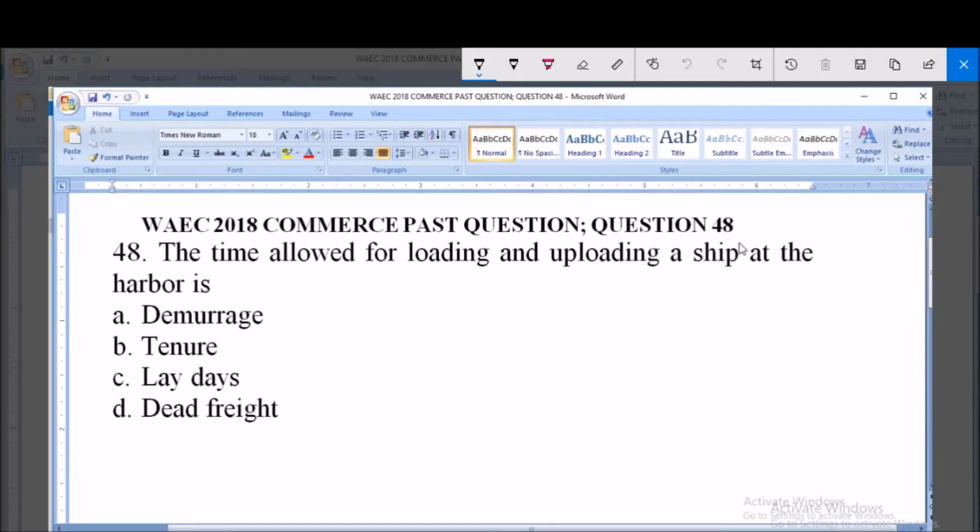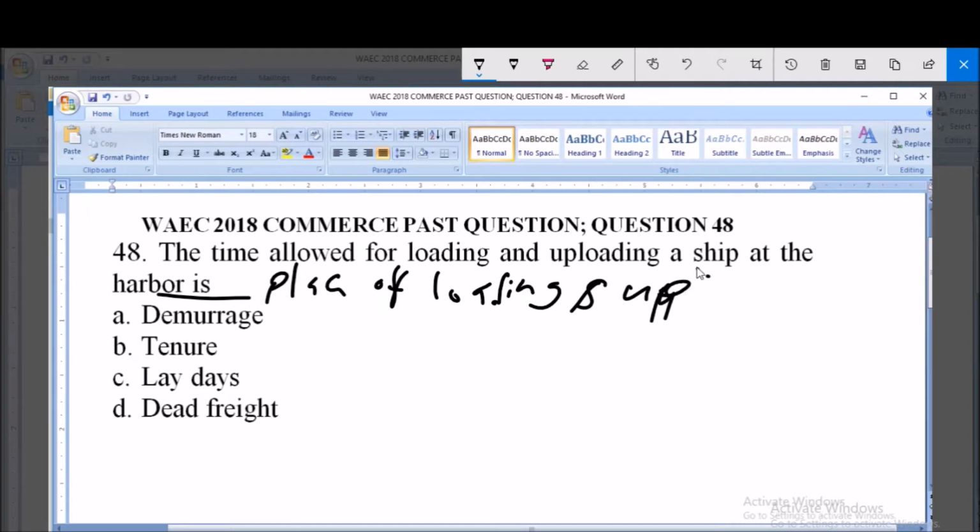Question number 48 says the time allowed for loading and uploading a ship at the harbor is dash. That is the place of loading and uploading.